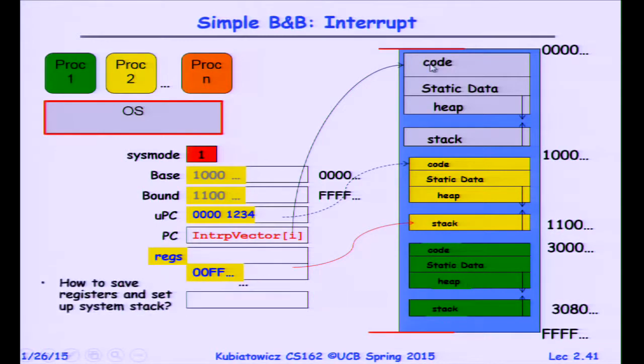Let's do something else. Notice that there's only a select set of things that are saved here. We actually save the program counter. We save a couple of things that the operating system would definitely screw up if you started running the operating system. But we don't save anything else, and it's up to the operating system to save the registers and all that other state of that process in order to make sure that you can return to it later.